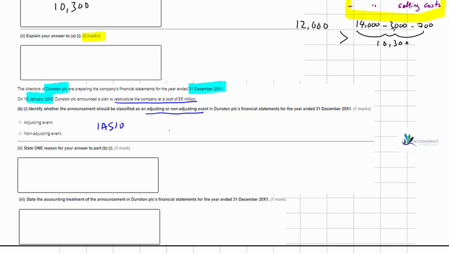So to help understand this, let's draw a timeline. So we've got our year 20x1 and then our year 20x2. And here's our year end, the 31st of December.